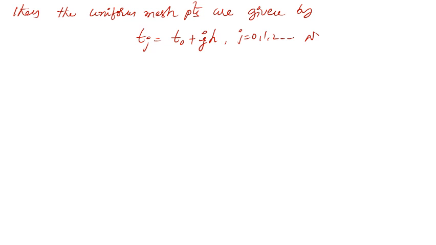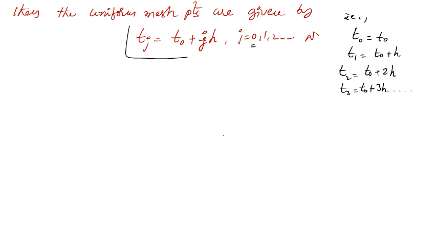For your idea, if I put 0, t0 equals t0. t1 equals t0 plus h. t2 equals t0 plus 2h, so t2 is at a distance of 2h units from t0. Similarly, t3 is t0 plus 3h and so on. This is the definition for equally spaced mesh points.